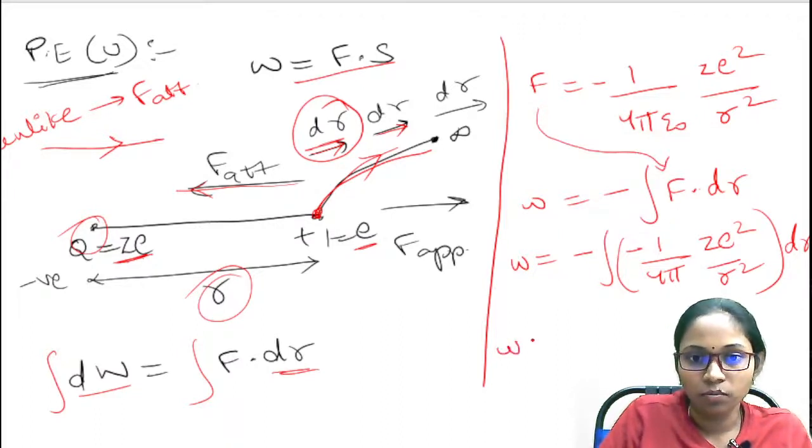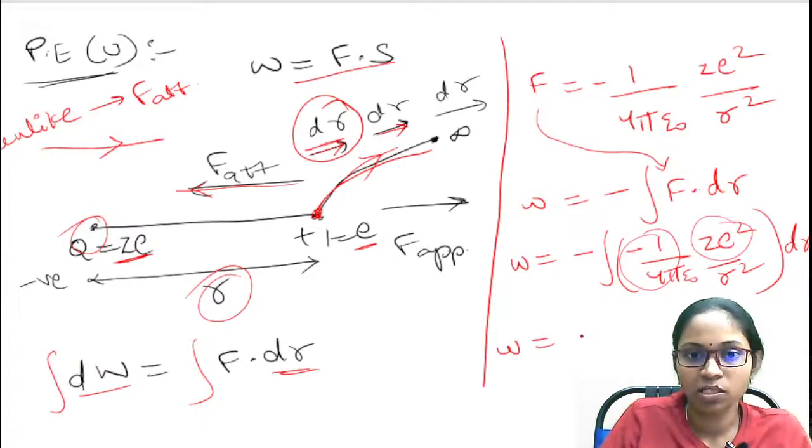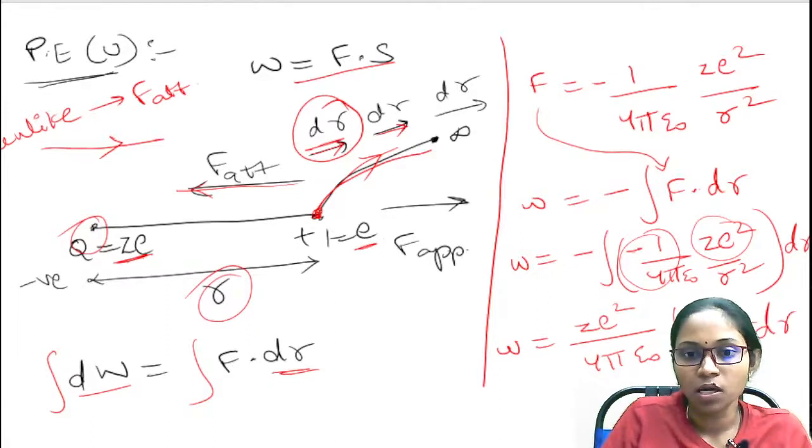Therefore work done will be equal to 1 by 4 pi epsilon naught, Ze square common, minus into minus is plus. Therefore Ze square by 4 pi epsilon naught, integral of 1 by r square dr, and the limits are from r to infinity.